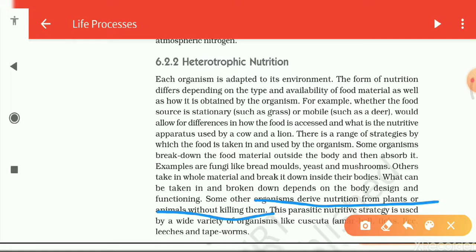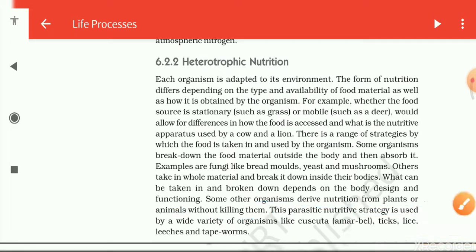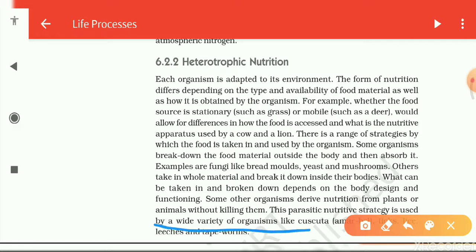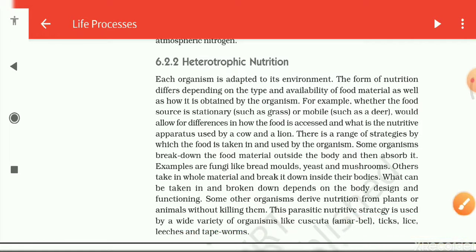Parasitic nutrition is that in which organisms take their food from their host without killing them. Here some examples are given. The parasitic nutrition strategy is used by a wide variety of organisms, like here the example given is Cuscuta, in Hindi we can say amarbel, ticks, lice, leeches and tapeworms.